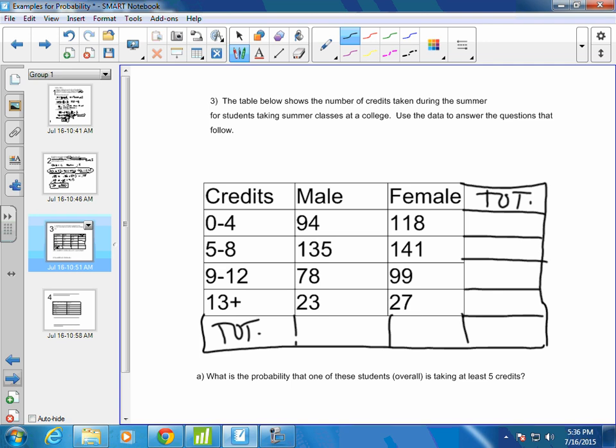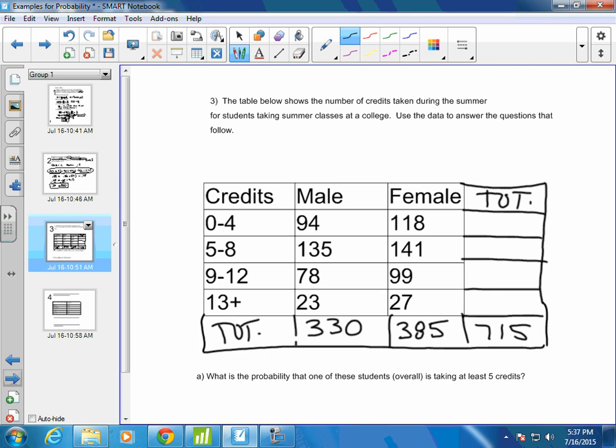Now, if I punch this up on the calculator, I'm getting 330 if we add up the male column here. If we add up the females, I'm getting 385. Now, if we add those together, that's looking like it's 715.